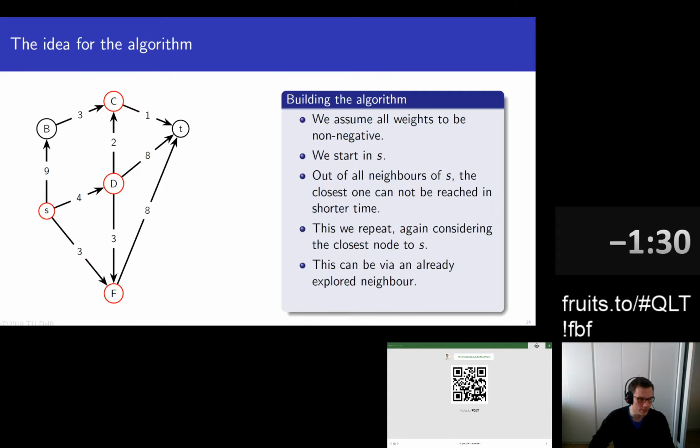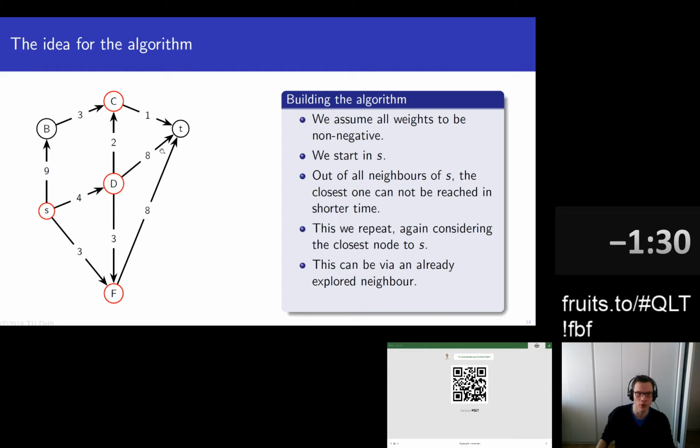Let's see. There's 2 questions asked. Gideon, if you took D as your start, going from D to T directly would take longer than going via C. I agree. So if we take D as our start, then going there directly would take longer. But again, we first consider the closest neighbor. That would be C. Now we consider the closest one from this little cloud of points.